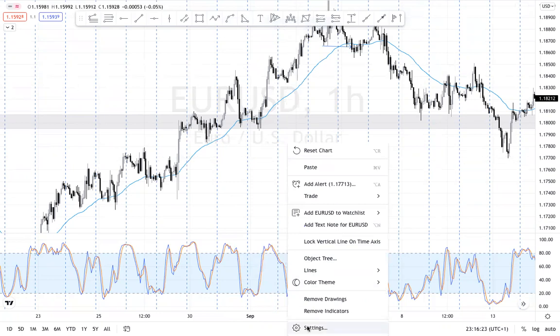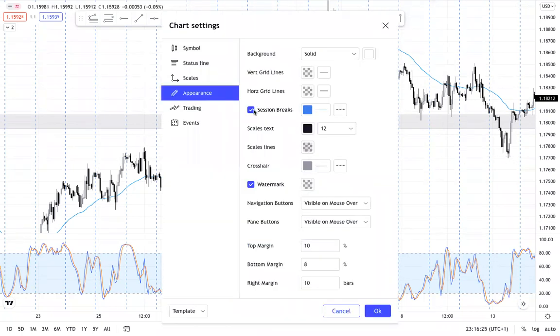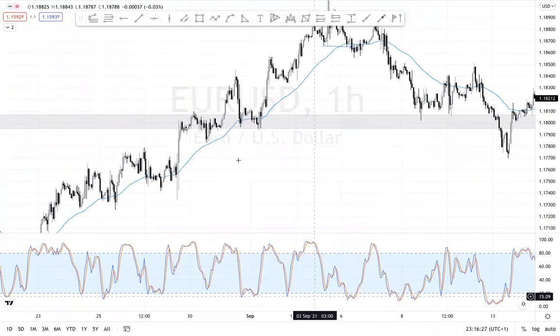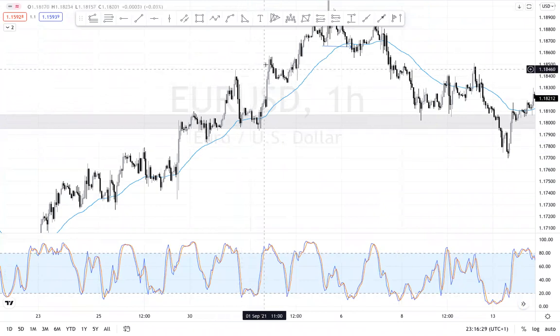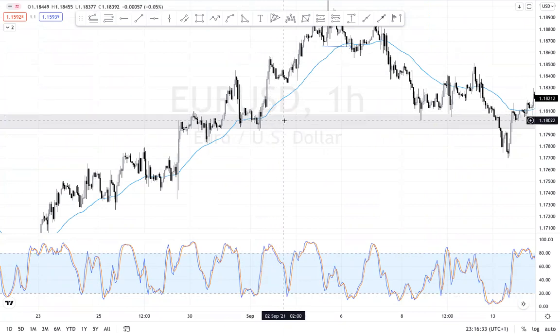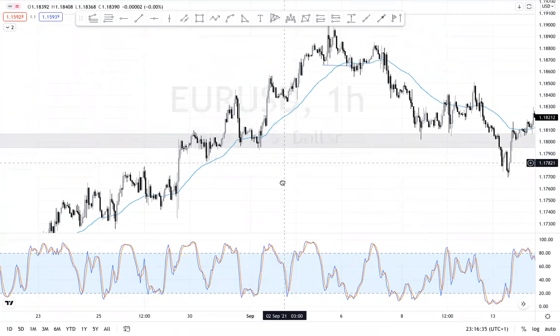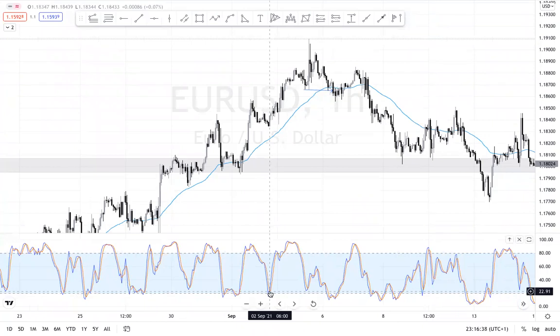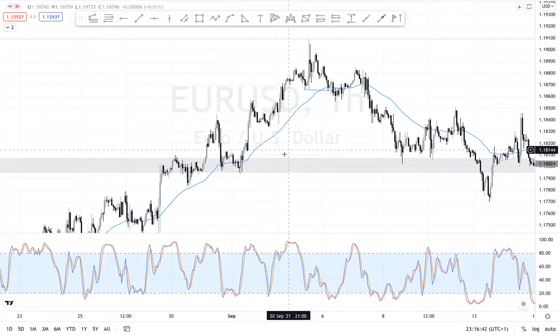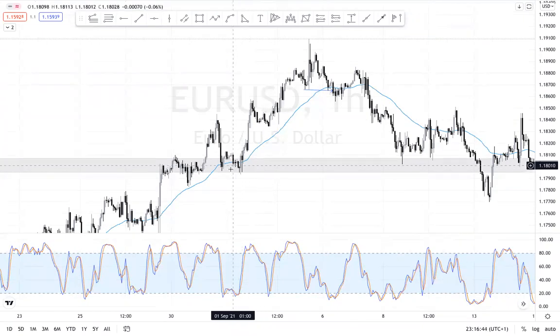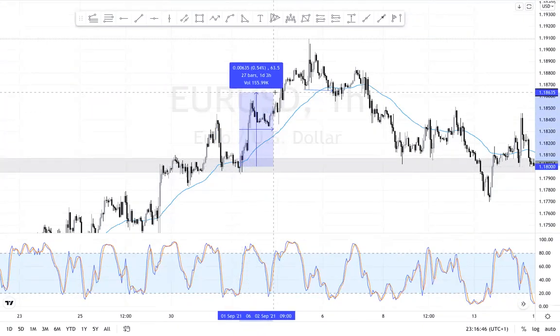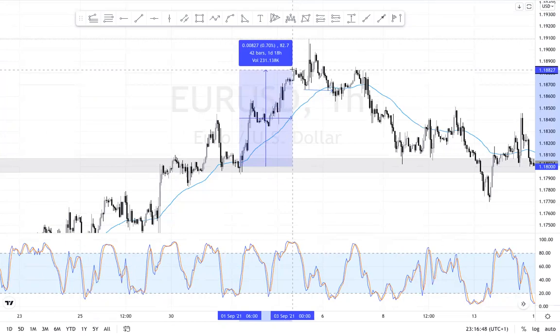You can see here overbought. Let me remove this from here. Overbought here, and look at my line here, oversold here. You can see from when the market became oversold to when it became overbought again, you see the whole entire move. If I calculate from this point to when the market was overbought, 83 pips.